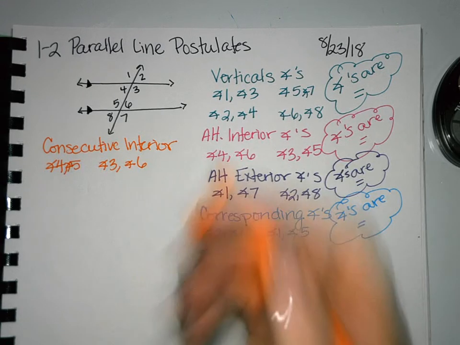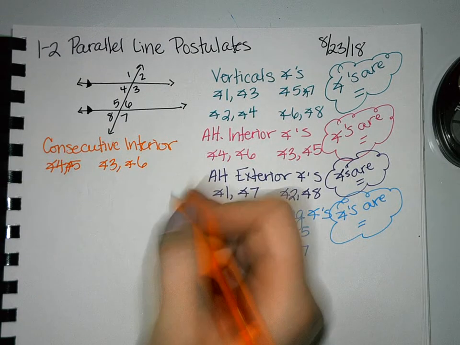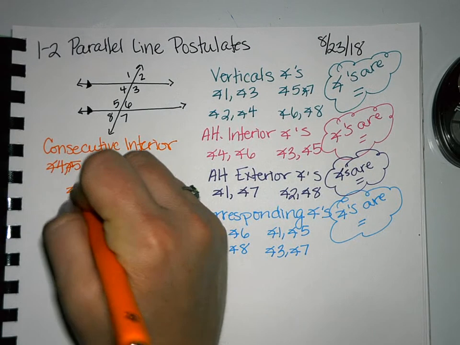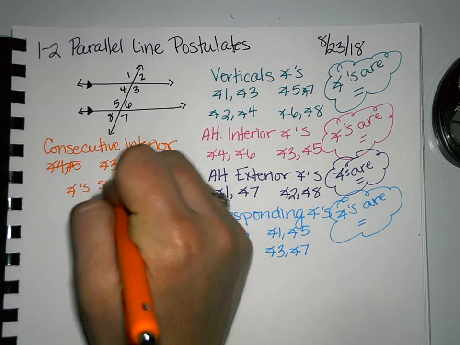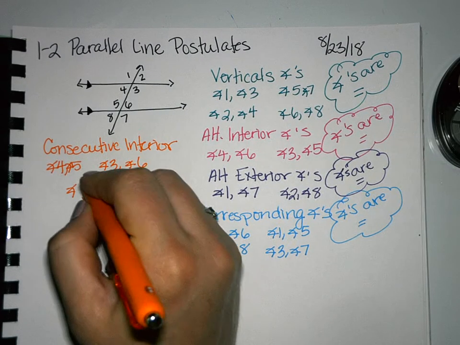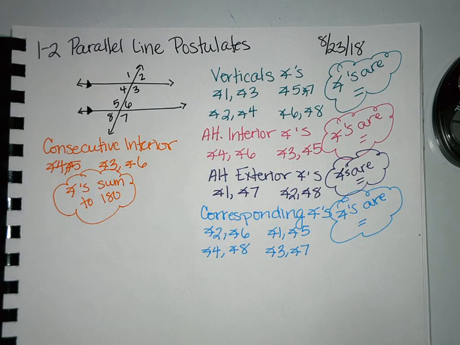Okay, so consecutive interior, these are angles that sum to 180. So these are supplementary. So these ones we're going to treat like they're a linear pair and just add them together to equal 180.